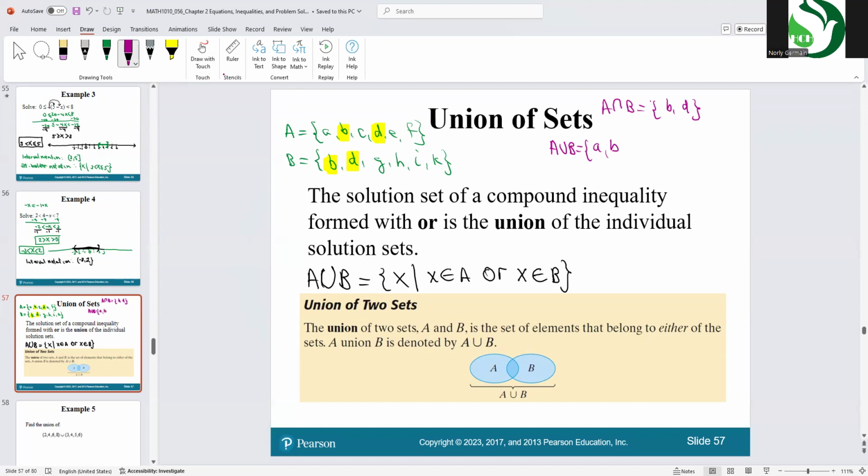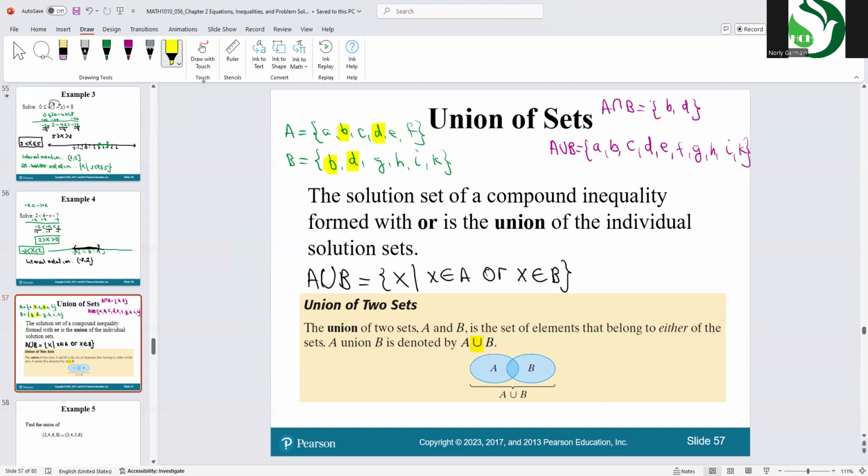I'm taking only one time. C, A, B, C, D, I'm not taking it twice. E, F, G, H, I, K. See, I make a list of all those elements, and we use that symbol like a U shape to express unions of sets. All right.